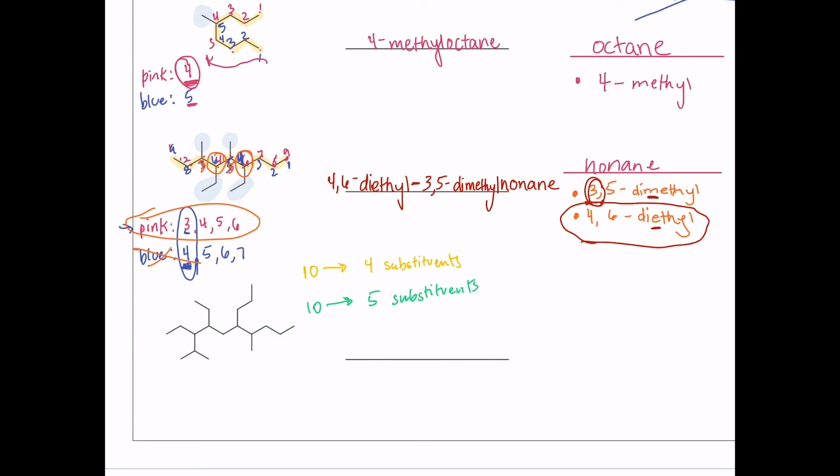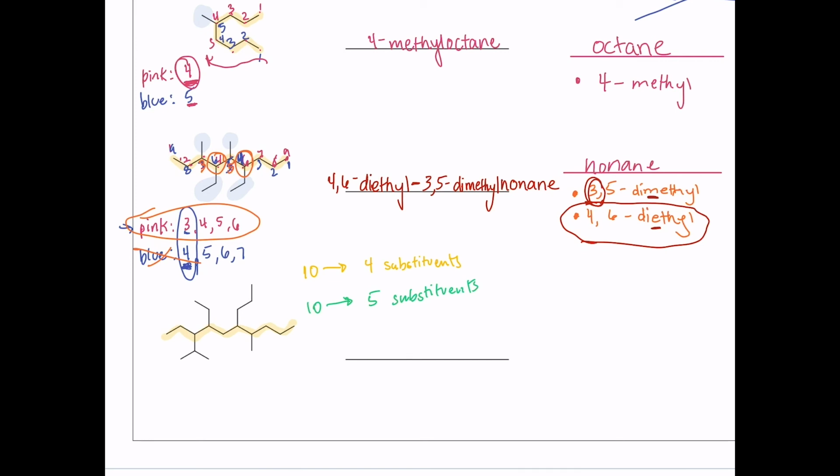However, if I had done the yellow parent chain, I would have had a methyl, a propyl, an ethyl, and an isopropyl. So by choosing the parent chain that has more substituents, it has a way of making the substituents more simple and therefore making naming the compound more simple.